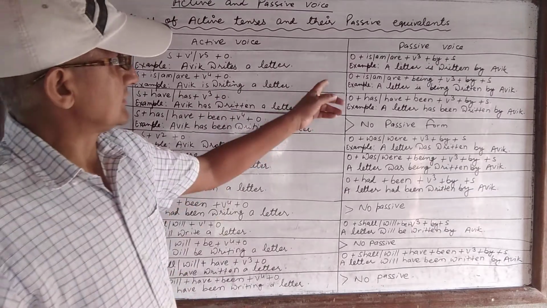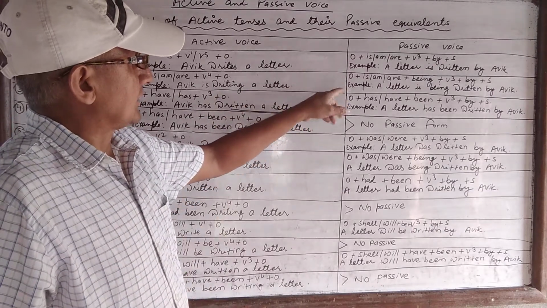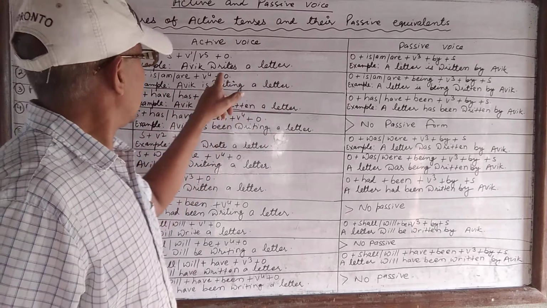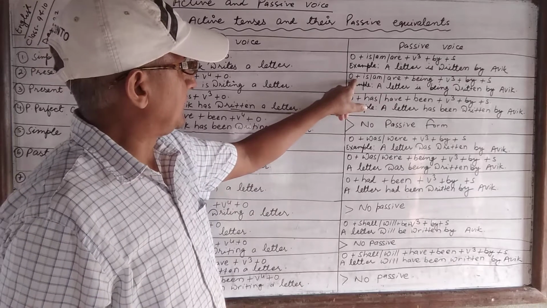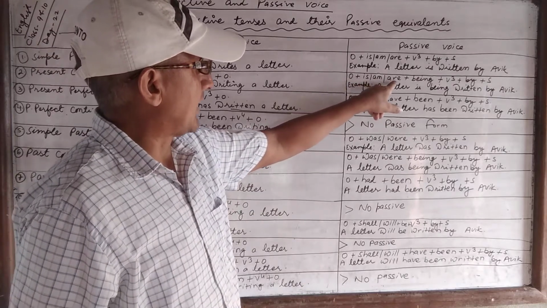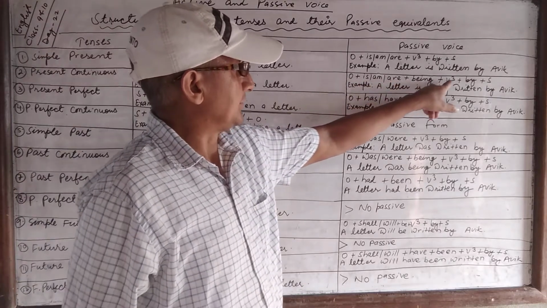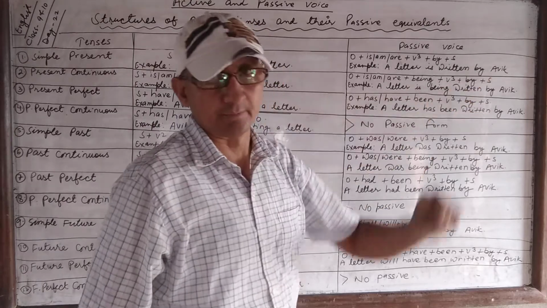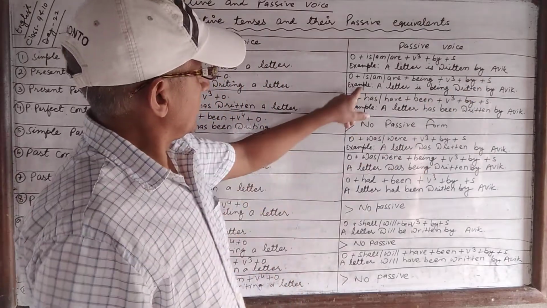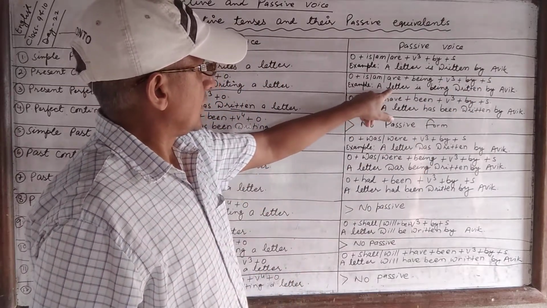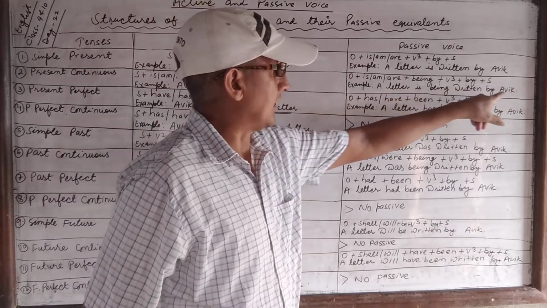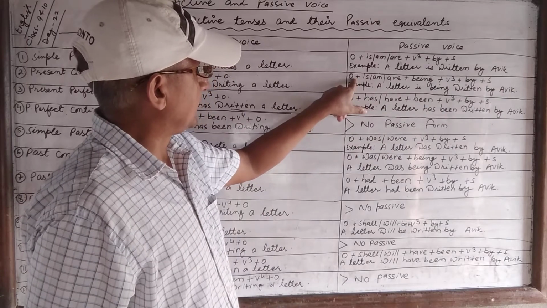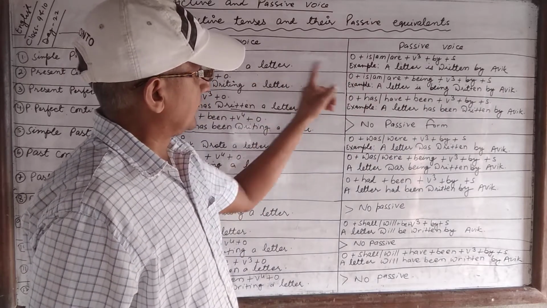Now the equivalent of present continuous tense in passive is object, after object is/am/are plus being plus V3 plus by plus subject. Example, a letter is being written by Avik. A letter is the object of the active voice.